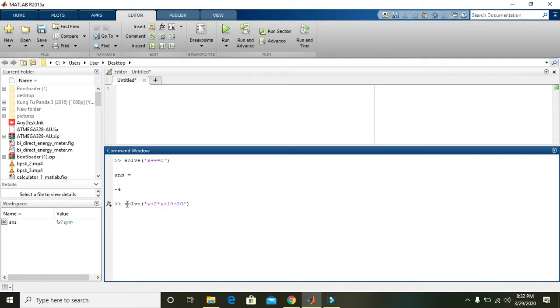So we can enter it and we got the answer, that is 10 by 3. You got the answer here. So by this you can solve the simple form of algebraic equation.